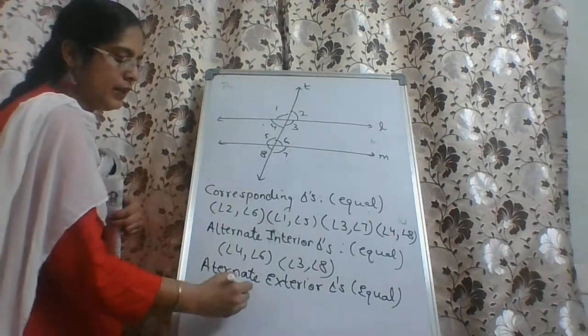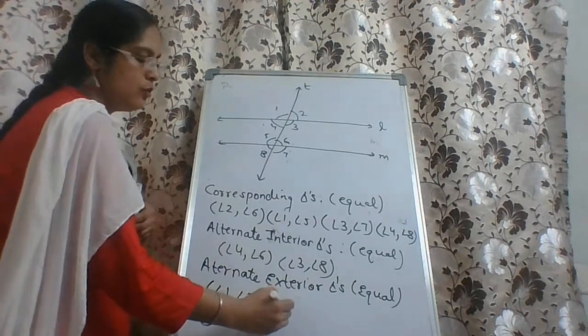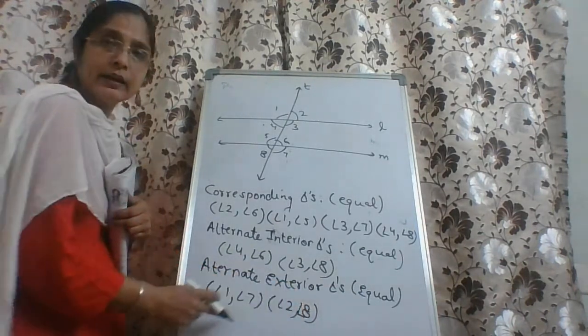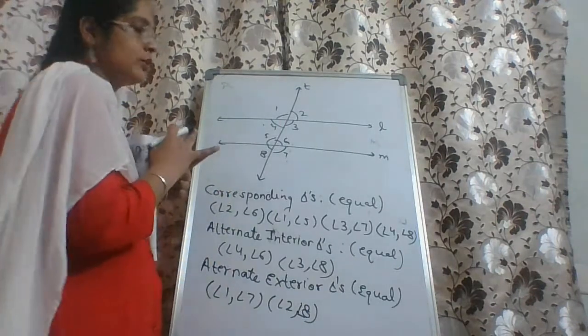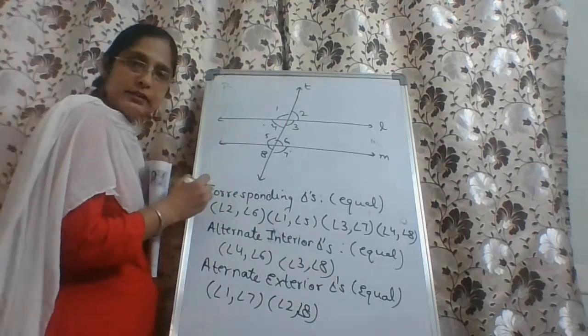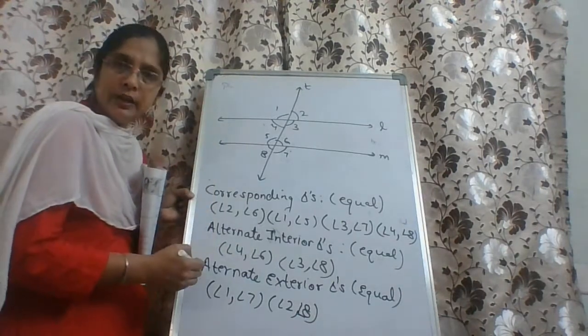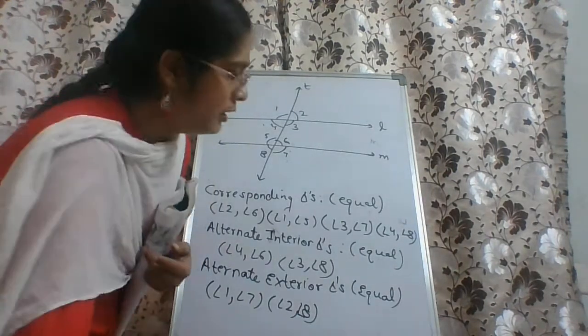Angle 1 and angle 7, angle 2 and angle 8. These are alternate exterior angles. So we conclude that corresponding angles are equal, alternate interior angles are equal, alternate exterior angles are equal.